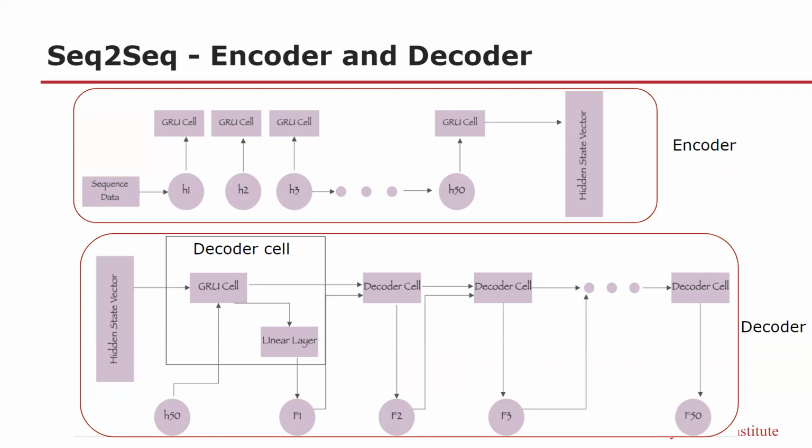Each decoder cell consists of a GRU cell, and after it processes the previous prediction, that will be input to the GRU cell, and that input will be converted into the future outputs, which are F1, F2, F3, and so on till F50. Next slide, please.